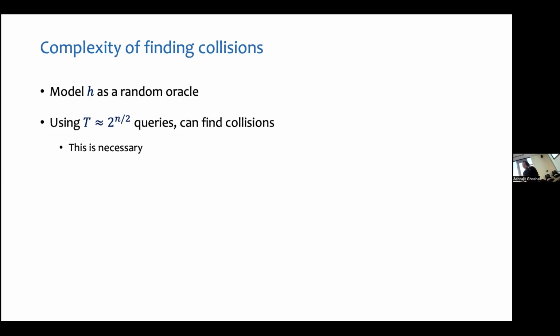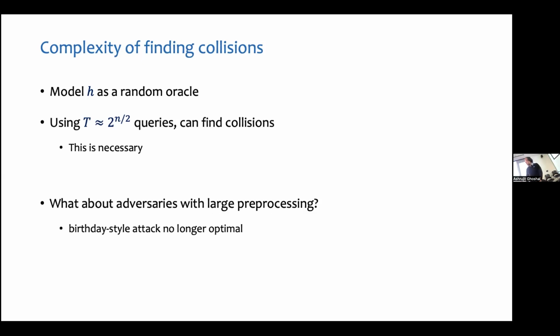However, this function h is typically public, and an adversary might be able to invest a large amount of preprocessing on it. In this setting of preprocessing adversaries, it turns out that birthday-style attacks are no longer optimal. This setting has been studied quite a bit in cryptography, starting from the seminal work of Hellman for function inversion, and in several other settings in subsequent works.